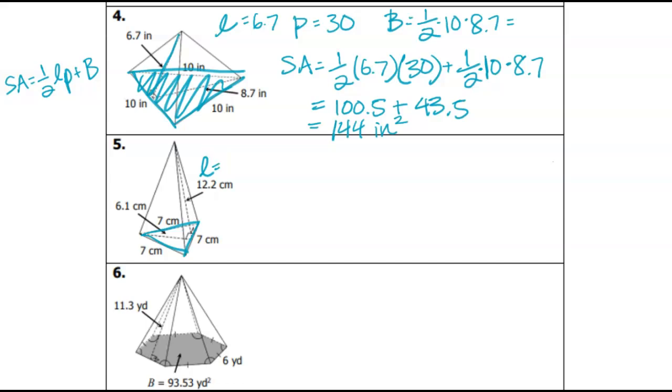So that should be everything that I need to do number 5. Make sure you pause and work out number 5. All right, and for number 5, we should have gotten 149.45 centimeters squared.